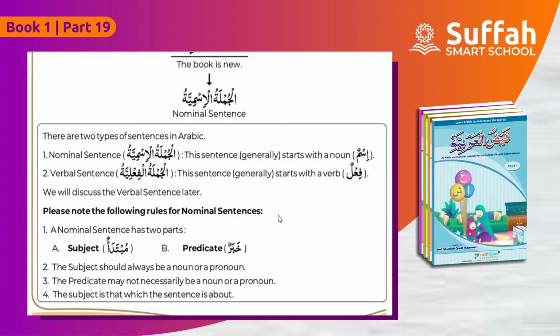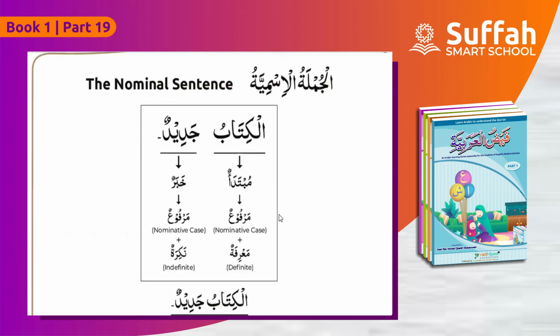Look at this example. Al-kitabu jadidun. What are you telling about in this sentence? The book is new. No. What is that which you are telling about? About the book. You are telling about the book. So the book is mubtada.